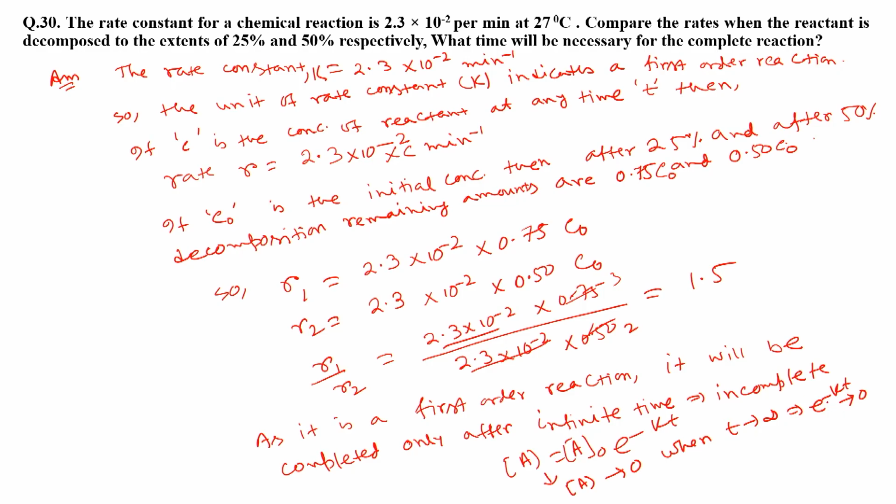Only then you get concentration of A as 0. Concentration of A is the concentration of the reactant at time t. So, the concentration of reactant at time t goes to 0 when t goes to infinity, because when t goes to infinity, e to the minus kt goes to 0.